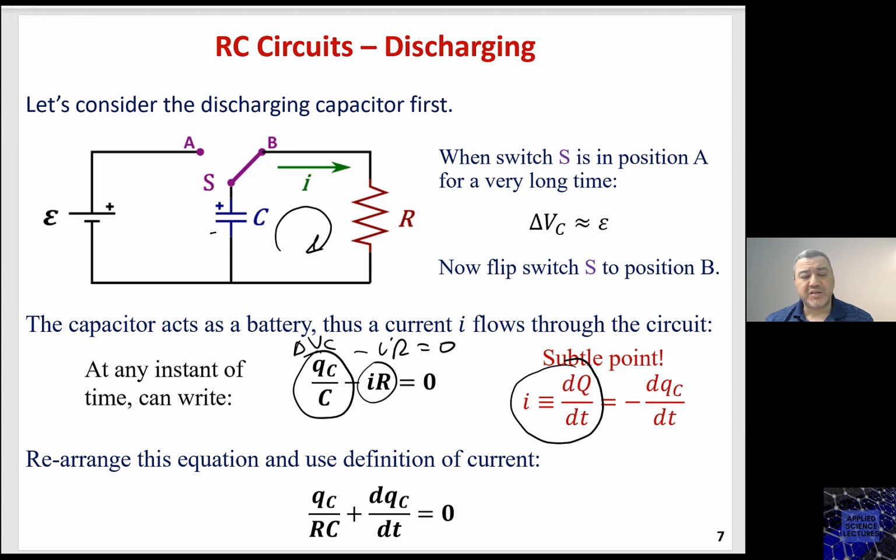Here, the capacitor is being discharged, so the current is going in the opposite direction, and that's why now I should be substituted with minus dqc over dt. So if I substitute I with minus dqc over dt, rearranging the equation, this is the equation that I get.